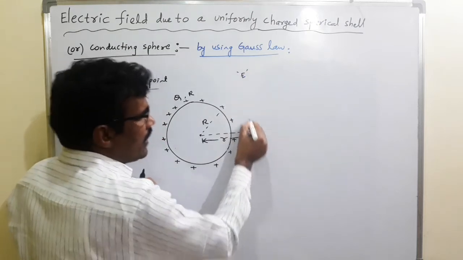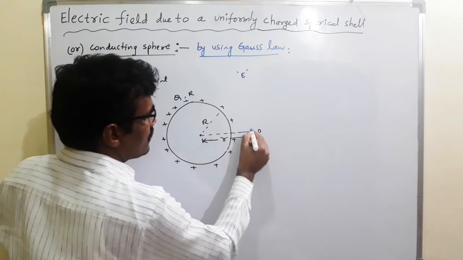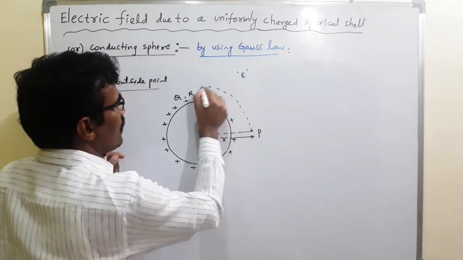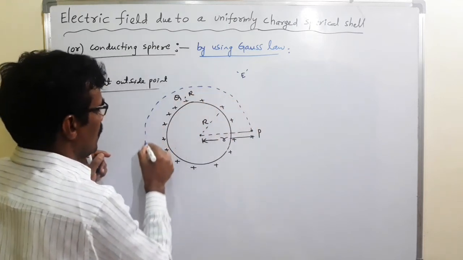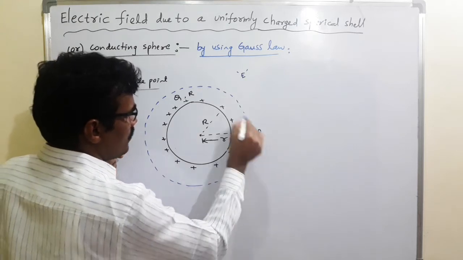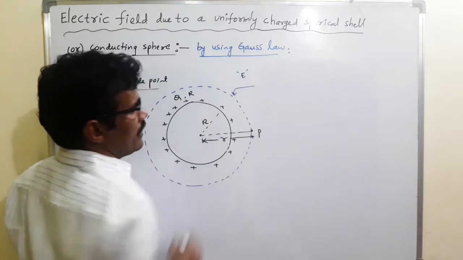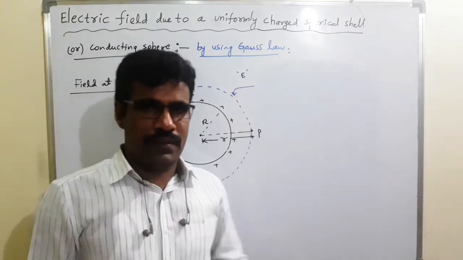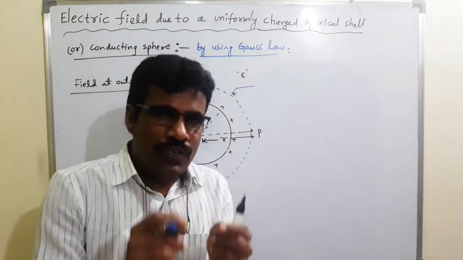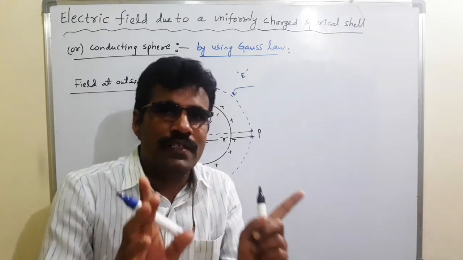So draw a Gaussian surface passing through P. The shape of the Gaussian surface is spherical. On the Gaussian surface, the magnitude of intensity of electric field at all points must be the same.